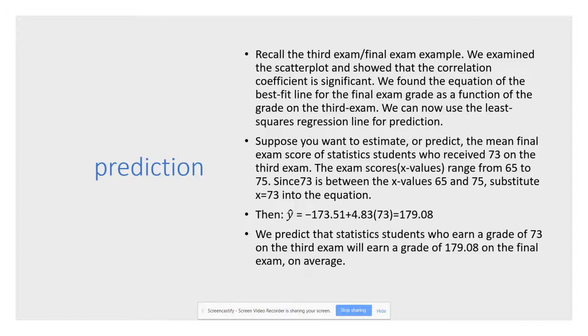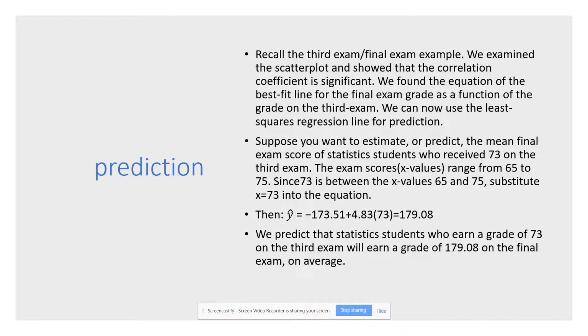So we just went ahead and put that 73 in there, and we got 179.08 because the final exam grades are out of 200. So based on the model, I can predict that if you get a 73 on that third exam, you'll get 179 on the final.